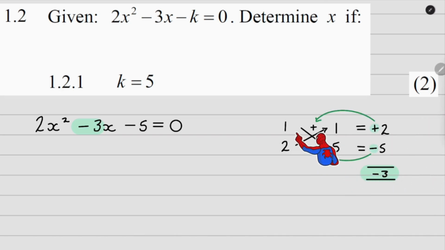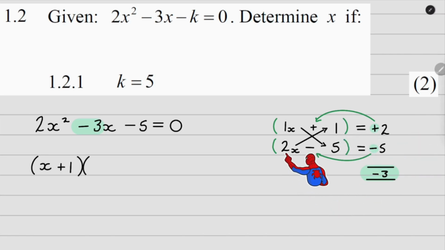And after I do that, I chuck a little x here, a little x here. And then those form my 2 brackets. So it doesn't matter what order you write them in. I'm going to write this one first, and I don't have to write this 1 over here. So I'm just going to say x plus 1 for my first bracket. And my second bracket will be 2x minus 5.